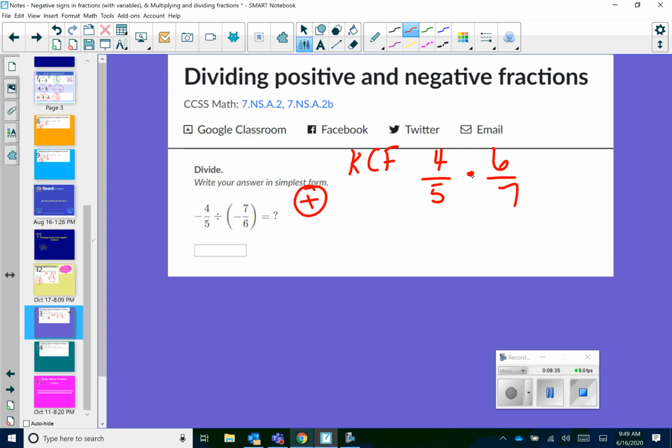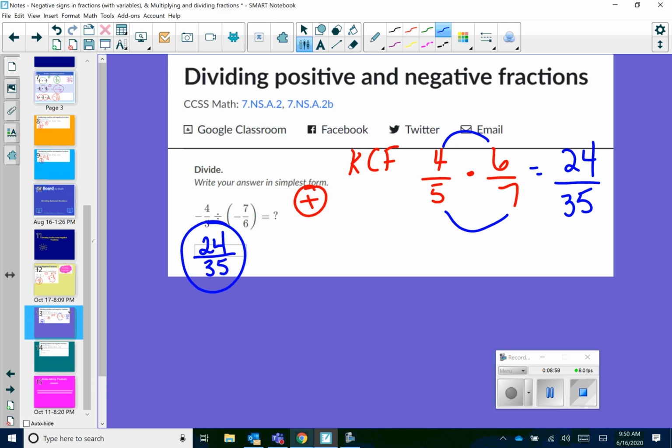Check your diagonals to see if you can cross simplify, which we can't. So I'm just going to multiply across. 4 times 6 is 24, and 5 times 7 is 35. Now looking at 24 and 35, I cannot cross simplify that any further. So my final answer would be 24 over 35, and it's a positive.